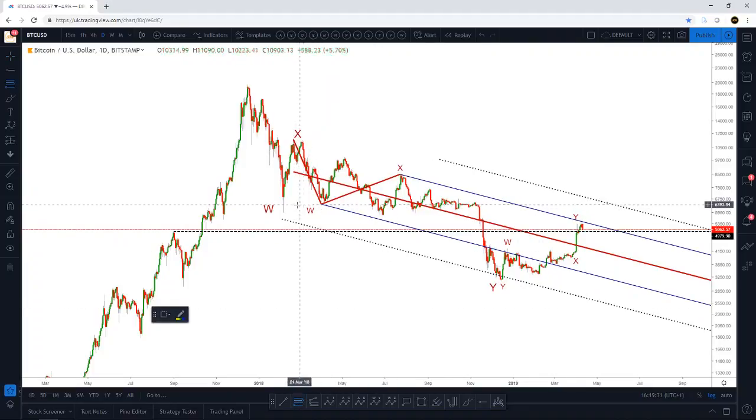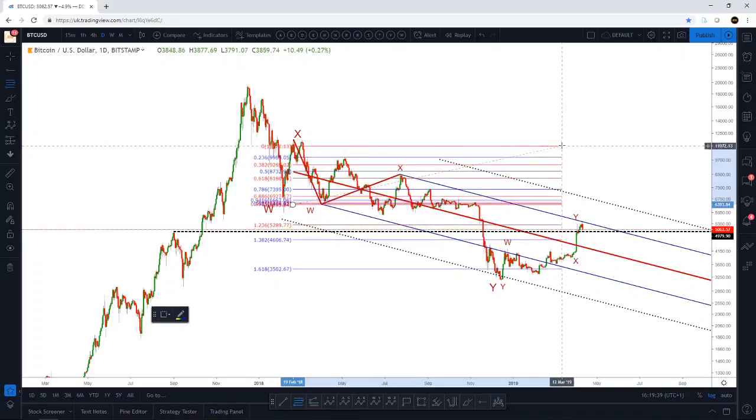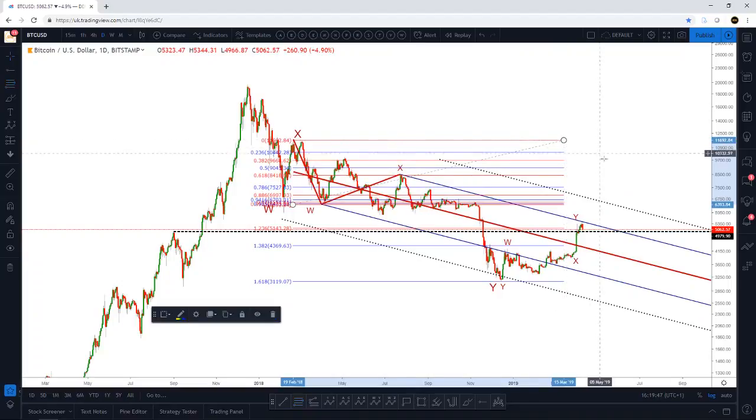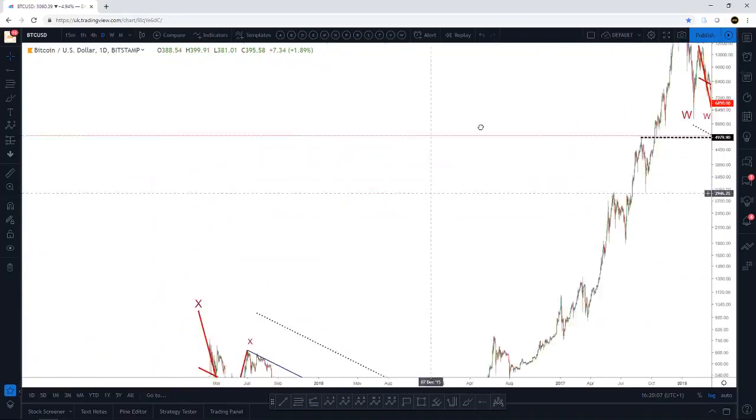Using this low here, we're going to take the price back using the fib retracement tool, bring it across all the way to our tops, and again absolutely to the T we hit the 1.618. This is what I really like. We've seen symmetry here with the 1.618 being hit twice in both WXY counts. So that's one reason, and I'm going to show you in 2014 how we saw exactly the same thing.